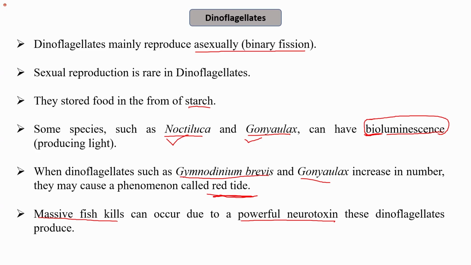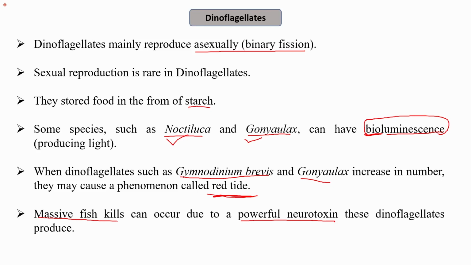So we talked about certain examples in dinoflagellates like Noctiluca, Gonyaulax and Gymnodinium. Noctiluca and Gonyaulax have the property of bioluminescence, that is, they have the tendency to produce light. Similarly, Gymnodinium and Gonyaulax are the dinoflagellates that cause the phenomenon of red tide.